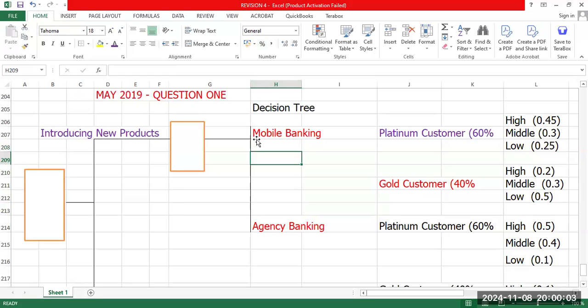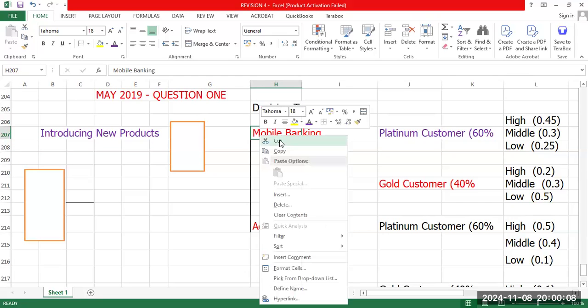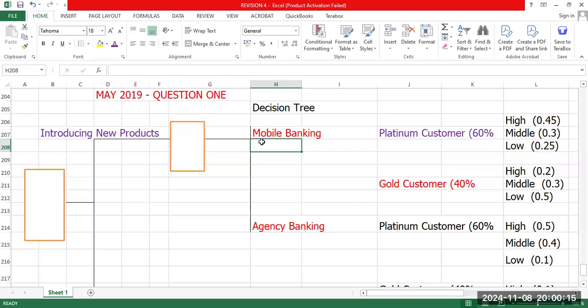Now I can introduce mobile banking and agency banking.